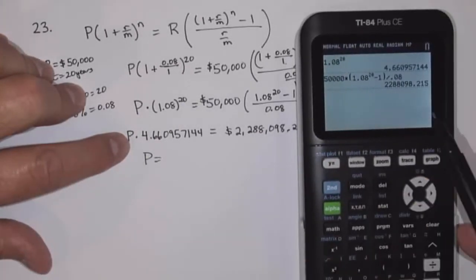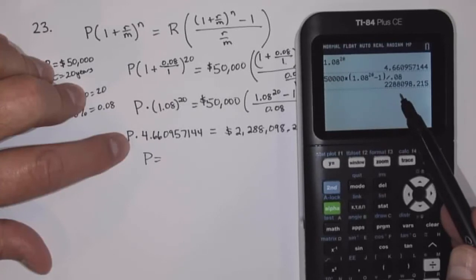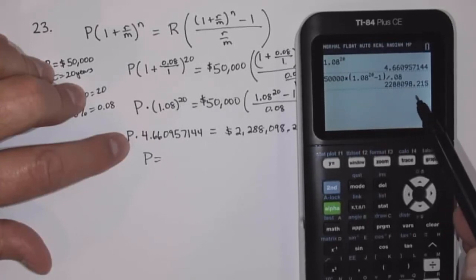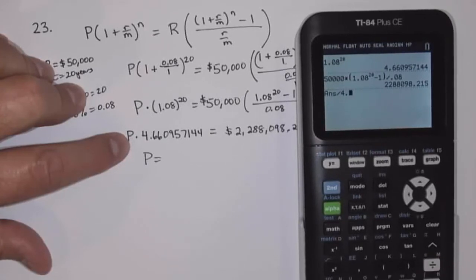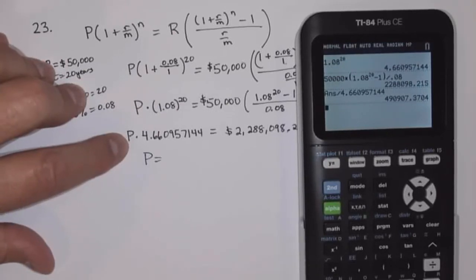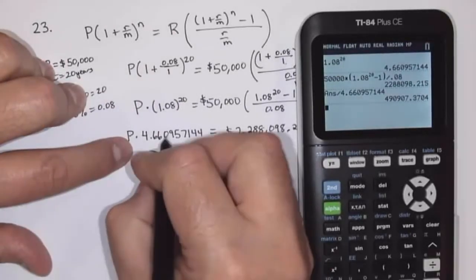So I'm going to take that $2,288,098.215 and I'm going to divide that by 4.660957144, and that equals 490,907.37 approximately.